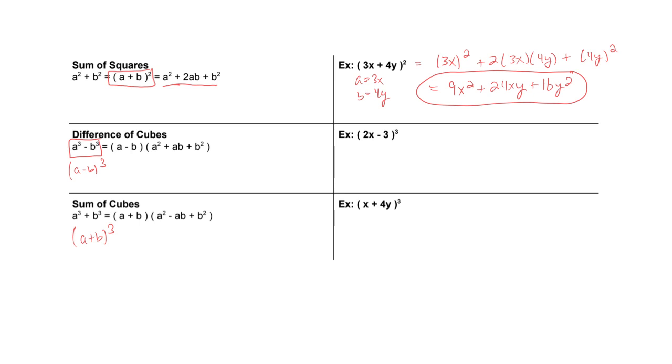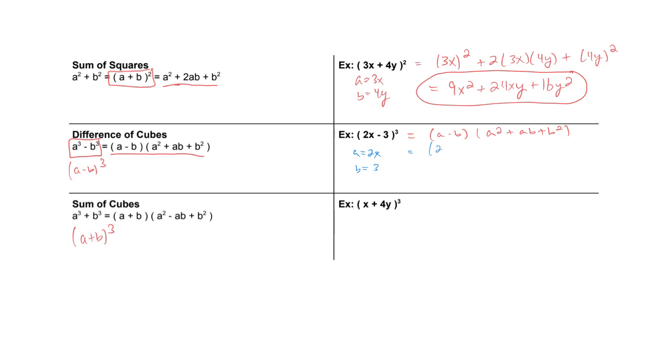Okay, so this is our formula: a minus b times a squared plus ab plus b squared. So a is 2x, b is 3.